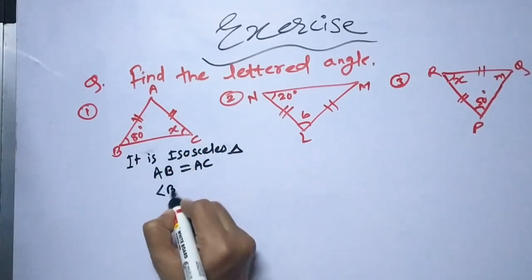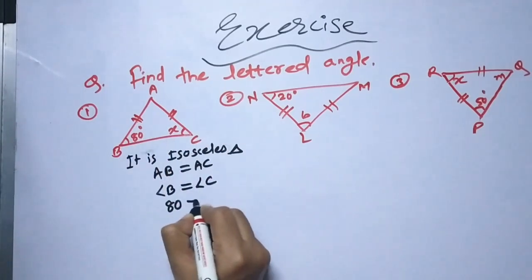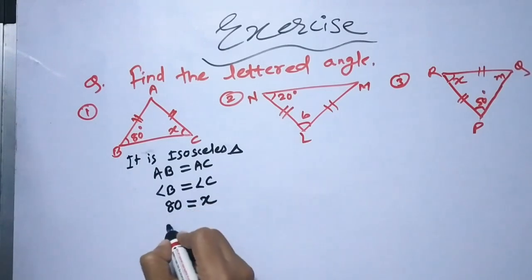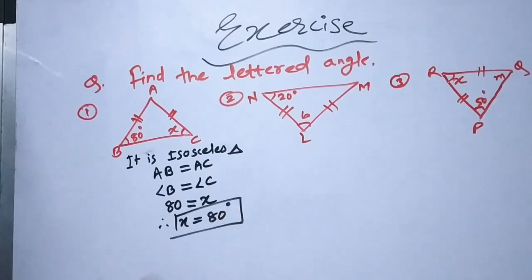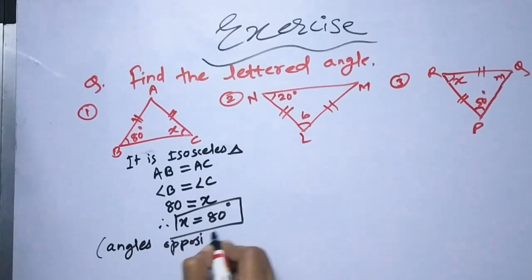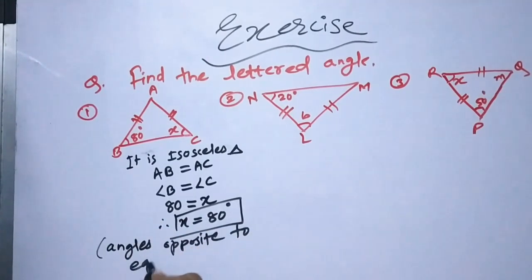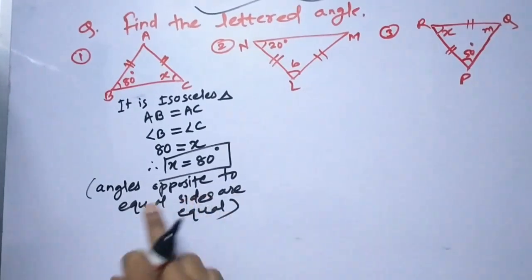So angle B is equal to angle C. And angle B is 80 degrees, which is equal to X. So therefore you can easily get X equal to 80 degrees. As the reason, you can write: angles opposite to equal sides are also equal. This is the reason why we are saying these angles are equal.